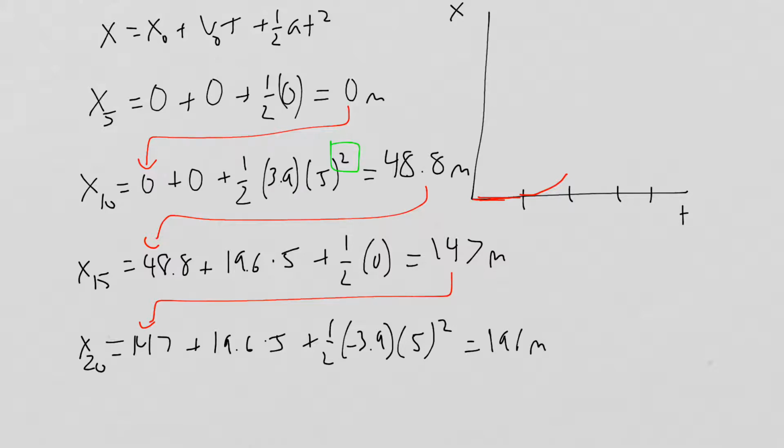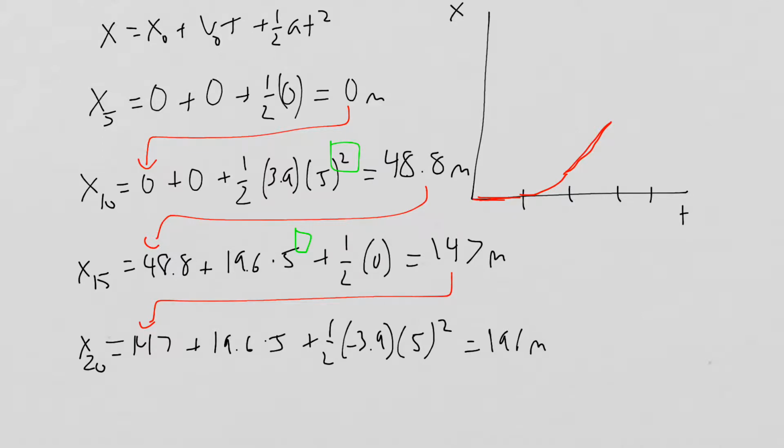During 10 to 15 seconds, here the acceleration is 0. That means that the velocity is constant, or the position graph is linear, right? Notice how there's t to the first, so it's got to be a linear shape. So instead of curving up, it just keeps going in a straight line, roughly speaking.